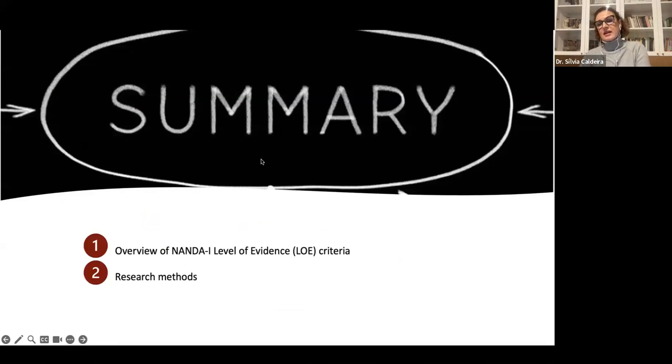So for today, we will talk about 2 main topics. The first is an overview of NANDA International level of evidence criteria as defined in the last edition of the book of NANDA. And the second part is matching the research methods to each level of evidence.